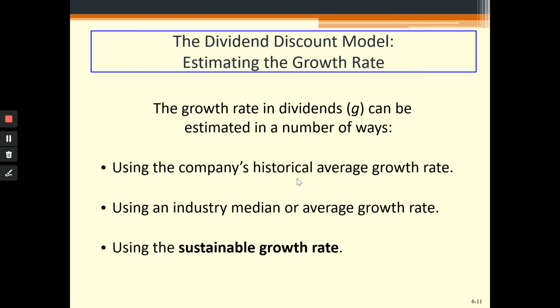Or we can also use the industry median growth rate of the dividends paid by that industry and see how it is growing. The third approach is the sustainable growth rate. Here, we will study the first approach, using the company's historical dividend data, and the sustainable growth rate. How can we compute the growth rate?